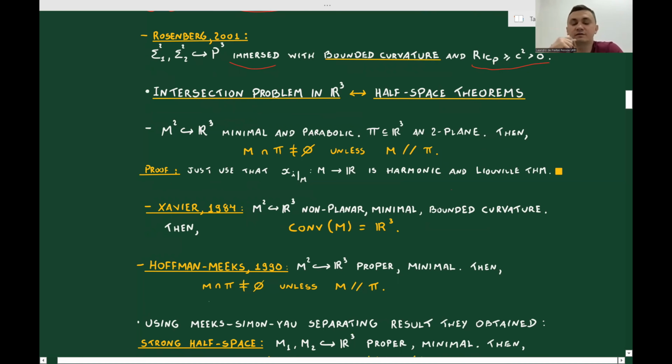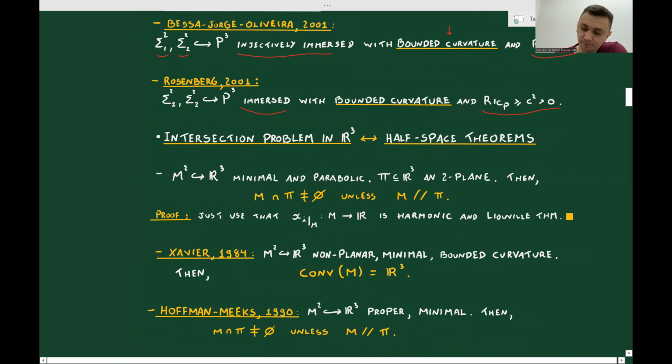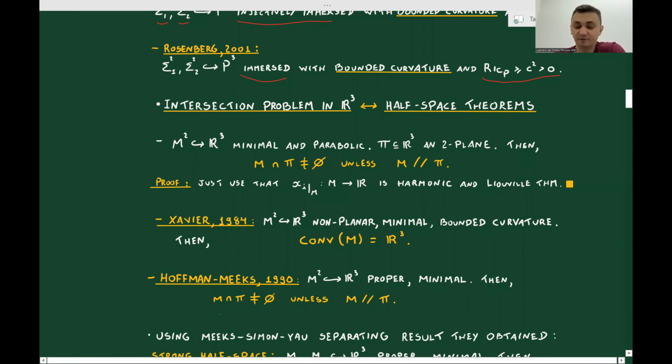So in the Euclidean space, actually the intersection problem is called sometimes the half-space theorem. So if you look in the literature, you can see some results calling this intersection problem by the half-space type theorems.